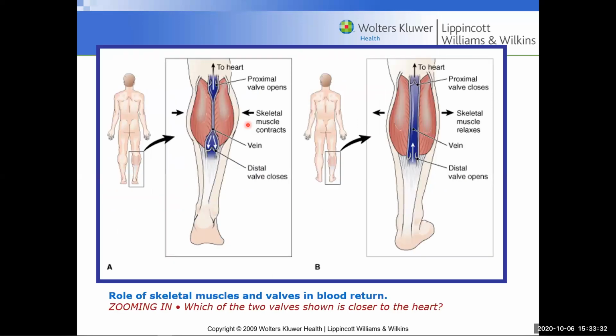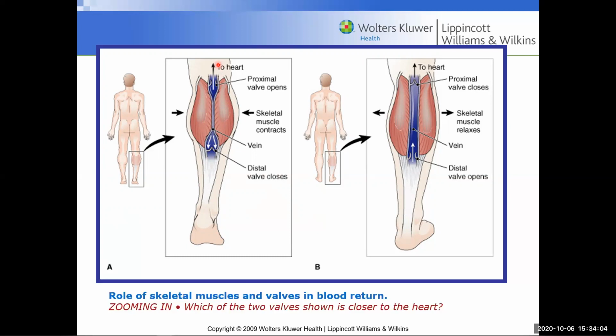So here we are looking at the gastrocnemius muscle, and as we mentioned, in terms of returning blood to the heart itself, one of the things that happens is the vein is located within the gastrocnemius muscle, such that contraction of these muscles forces the blood up the vein. The veins themselves are thin-walled, with not a lot of smooth muscle present, as opposed to arteries, which have a thicker muscular wall.